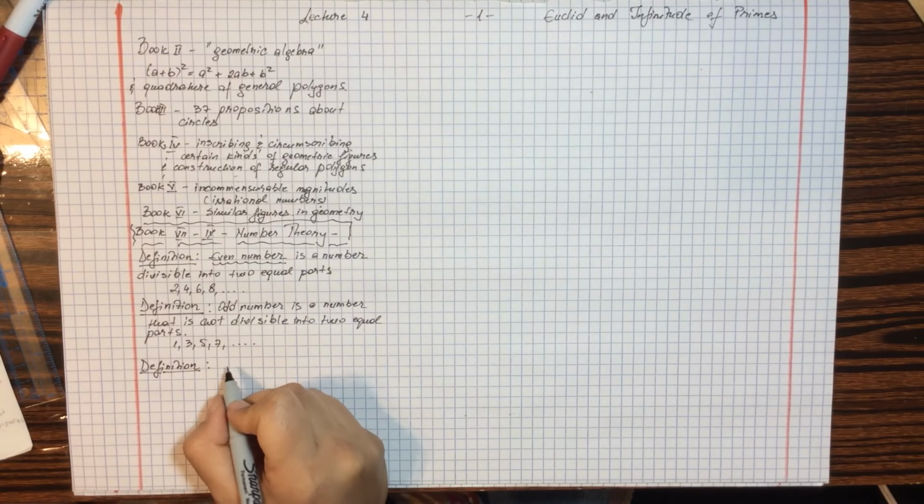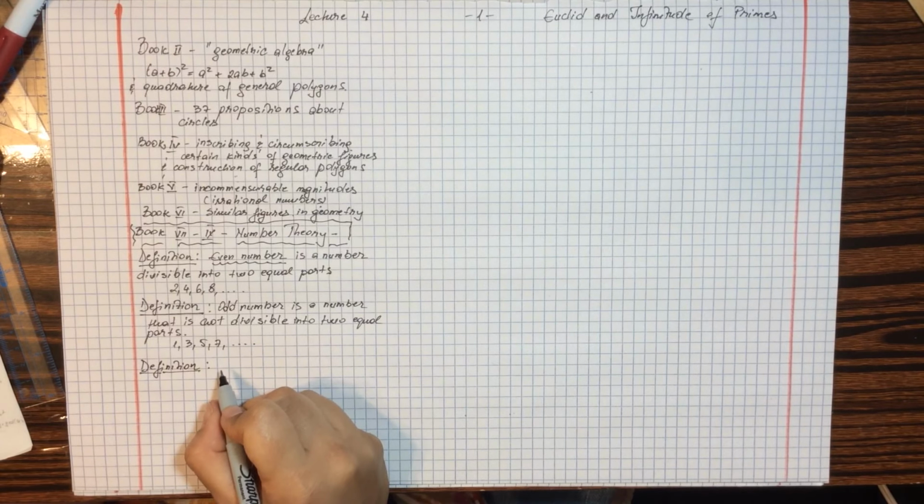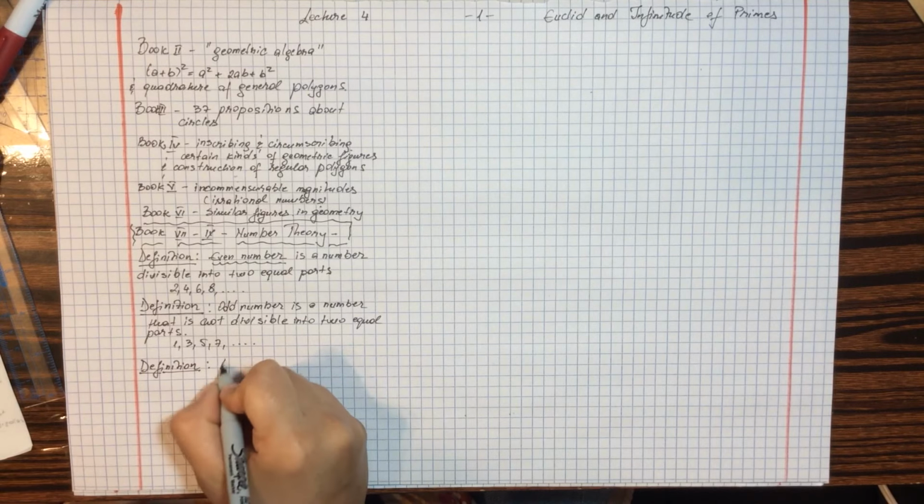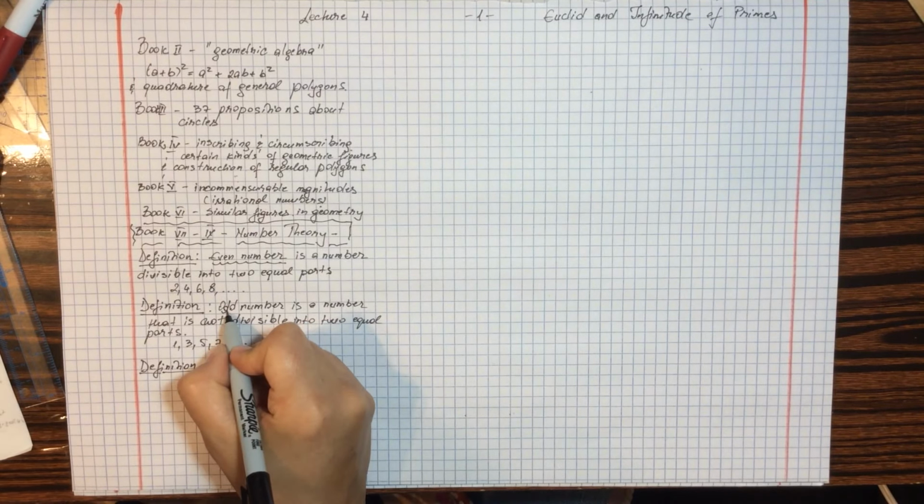A prime number is a number that is divisible only by itself and 1.